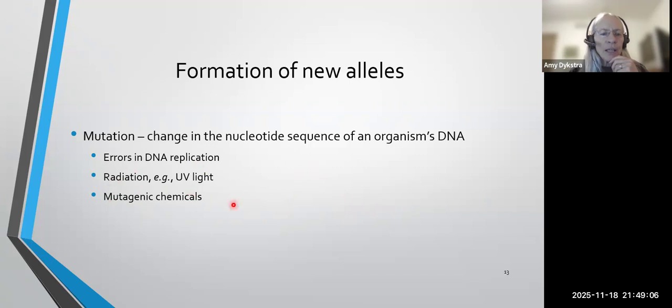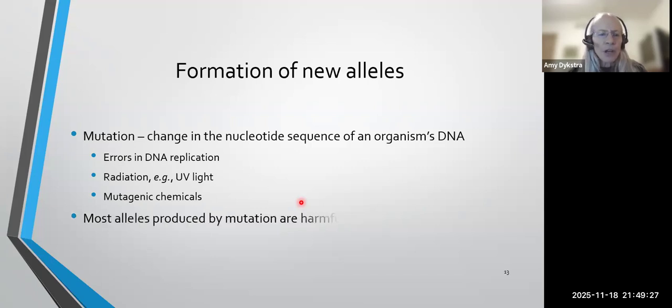And then mutagenic chemicals sometimes cause the DNA to form crosslinks between different parts of the strand. Sometimes the chemicals can change the DNA. So these are ways that the DNA can be changed.